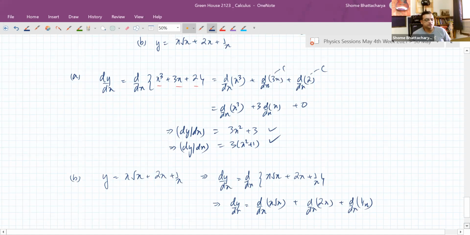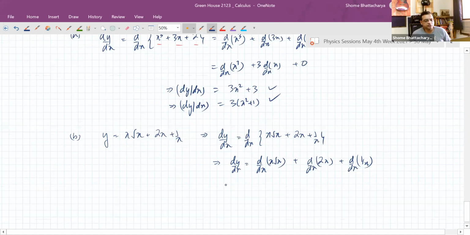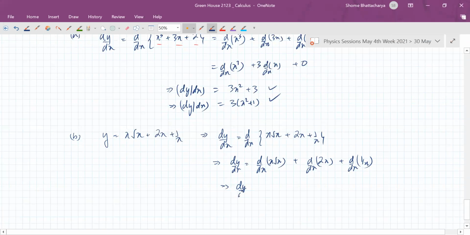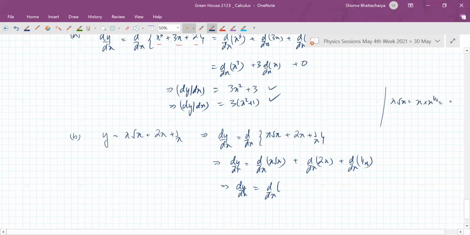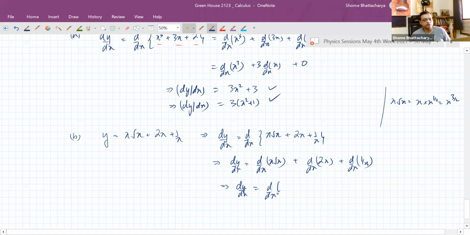Then we can simplify the first term a little bit before we differentiate. So x into root x, as we have seen before, is x to the power 3 by 2. Yes, very good. That's x to the power 3 by 2, right?